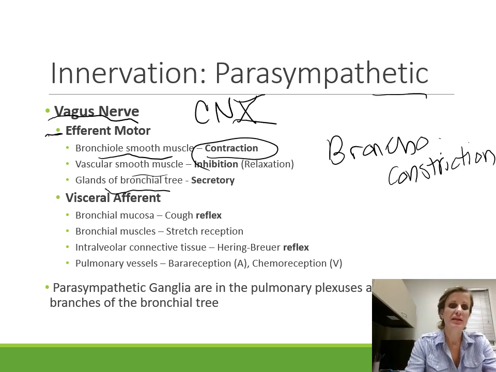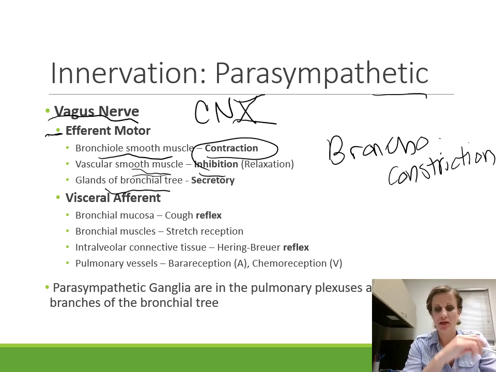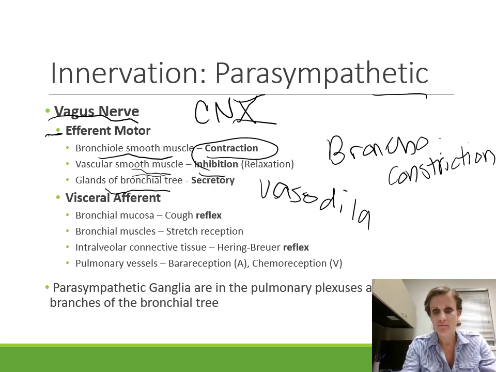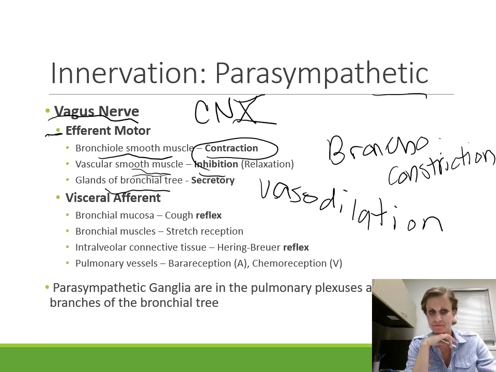Parasympathetic stimulation of the smooth muscle in the vessels is going to inhibit that smooth muscle. So it's going to cause relaxation. Okay, so that's vasodilation.